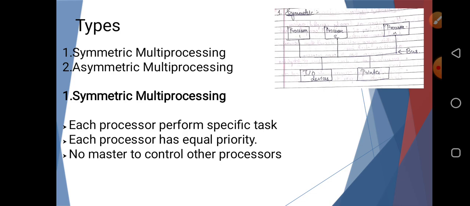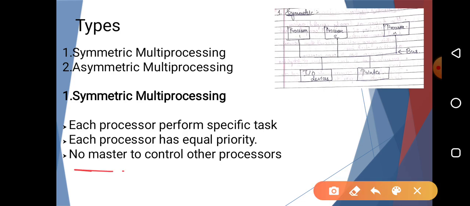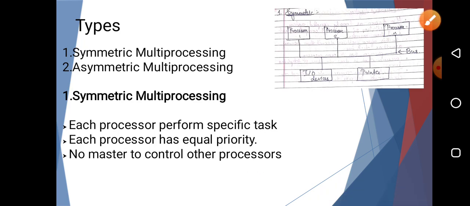In symmetric multiprocessing also, there are multiple processors inside one computer system and each processor performs a specific task, each one having equal priority. There is no master to control the other processors. Everyone is doing its own task. There is no controller over here.